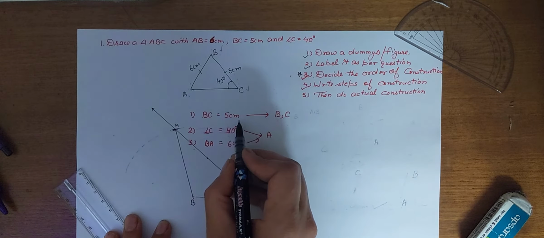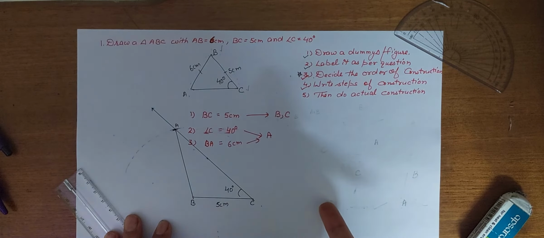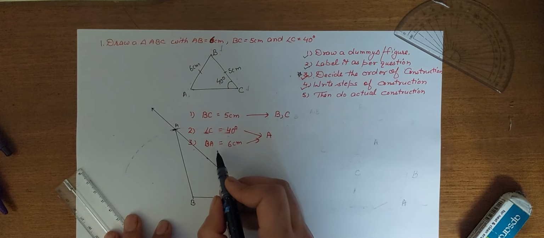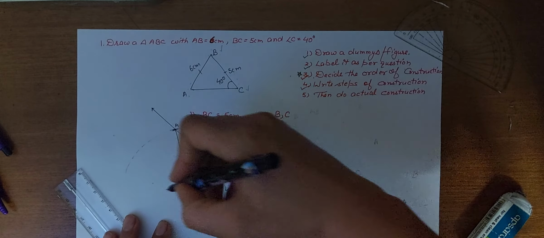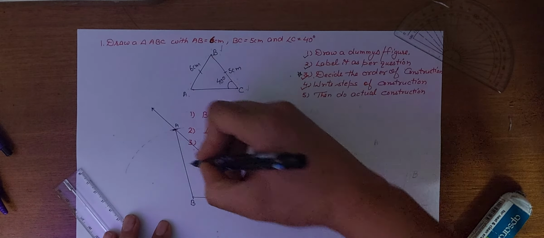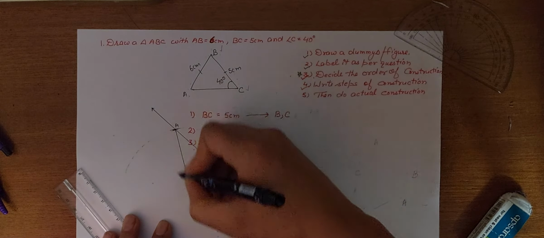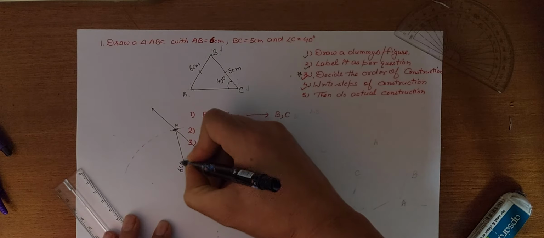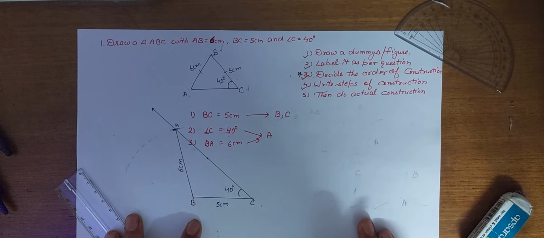What did we construct first and what vertices came on the paper then, and then what measures you constructed to find the third vertex. Let's label it. So 5, 40, and here we have BA equals 6 centimeter. So this is the actual figure for these measures.